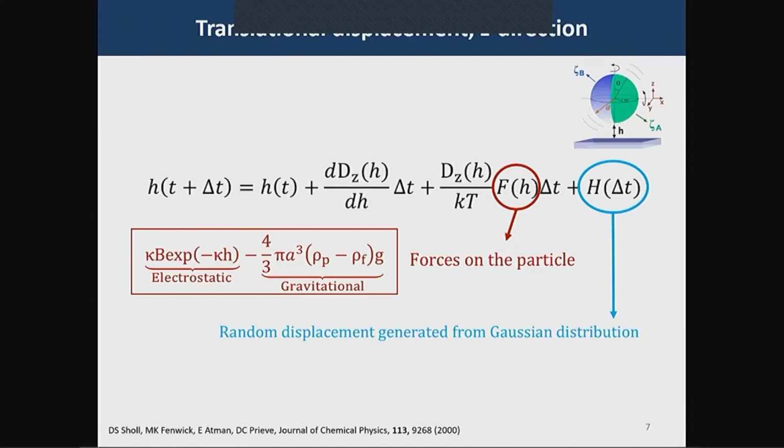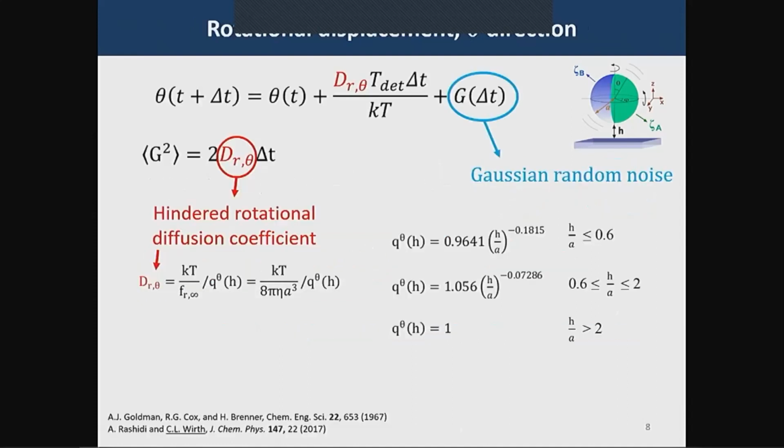This is the stepping algorithm for position, but then you can also run a stepping algorithm for orientation that has the same structure. And again, you can take into account torques as a consequence of conservative forces that depend on orientation, and also hydrodynamics of these fluctuations in orientation as a consequence of the particle being near the boundary.